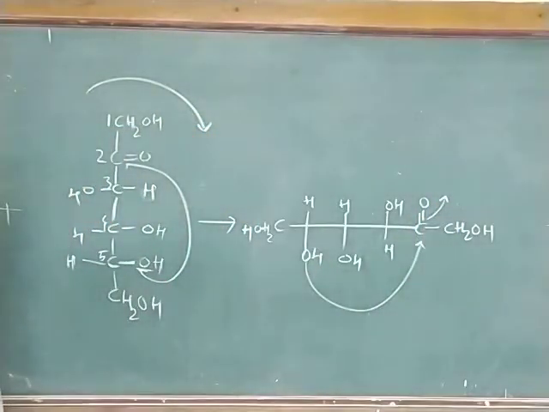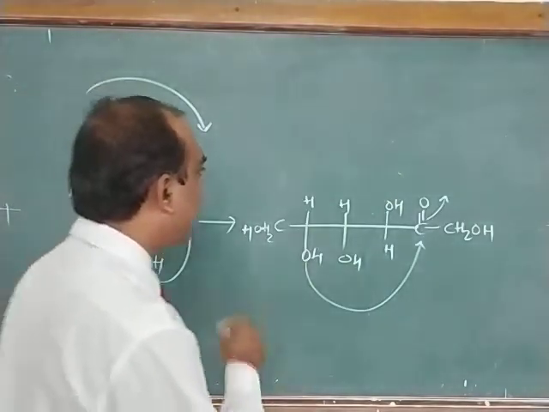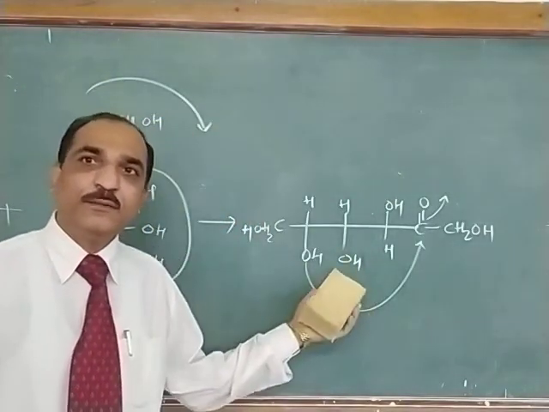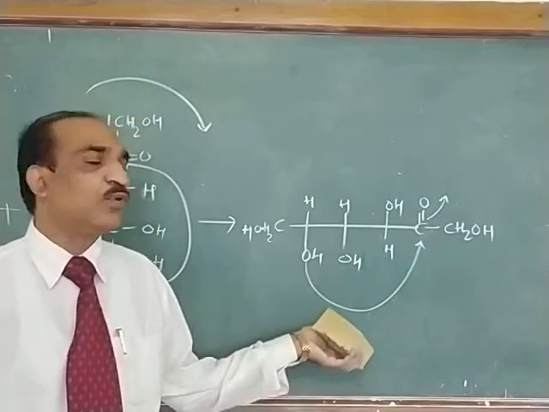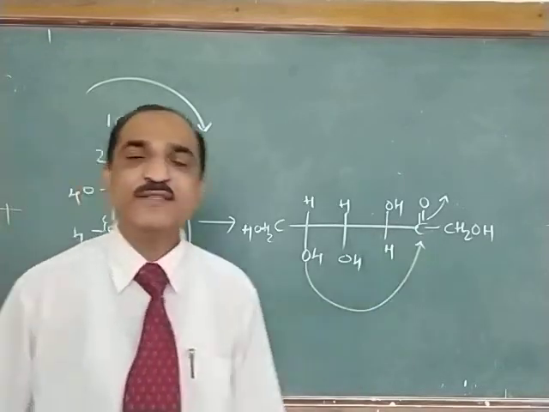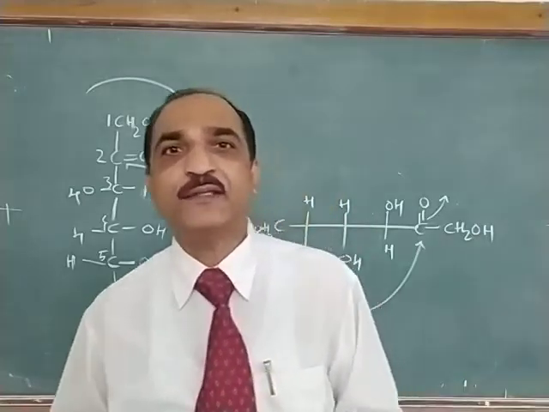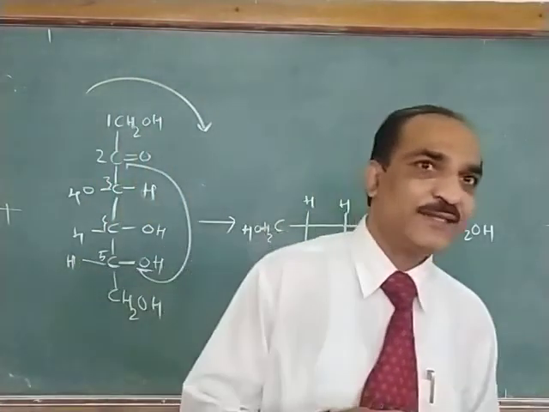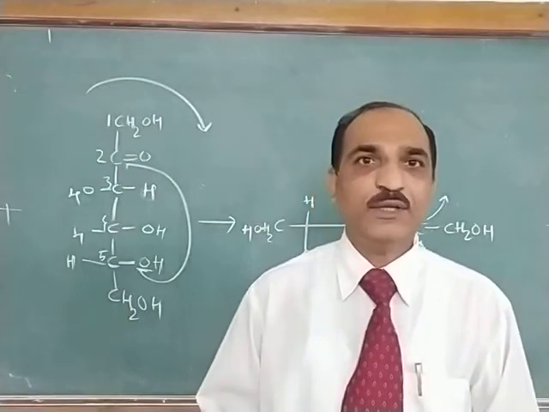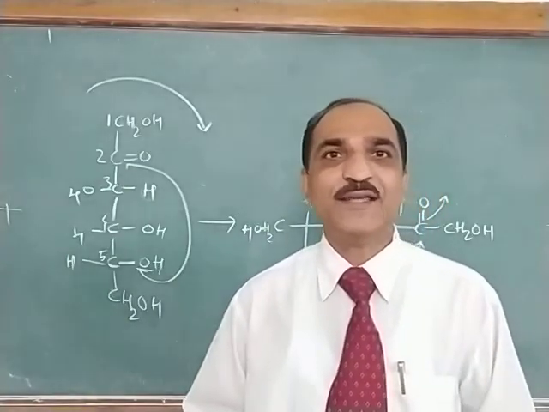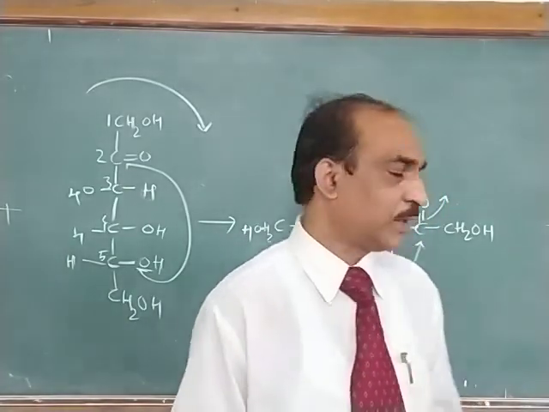Then what will happen if you make it cyclize? Just 5 minutes before, I told you that this carbonyl has 2 faces. The attack of this hydroxy may occur from both directions. It may be either this side or that side, and that gives the product whether it is an alpha anomer or the beta anomer.